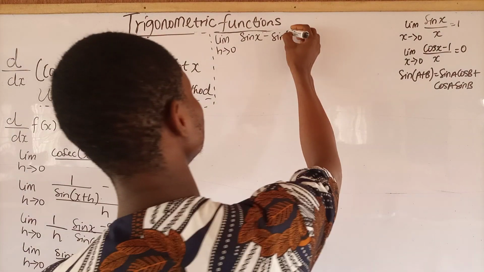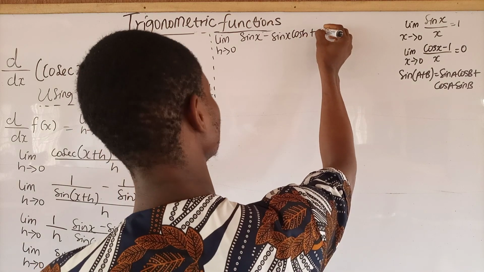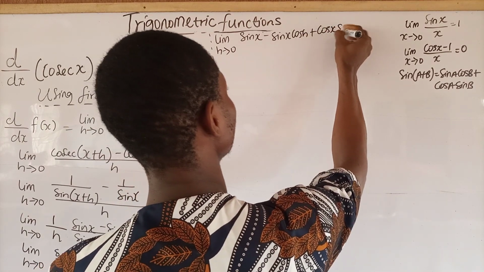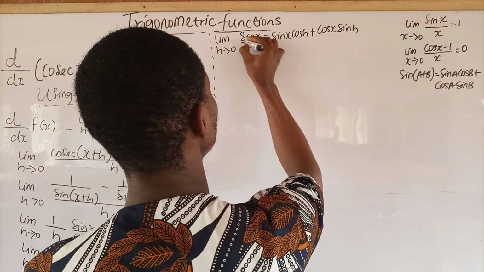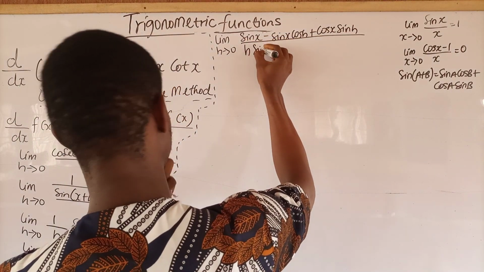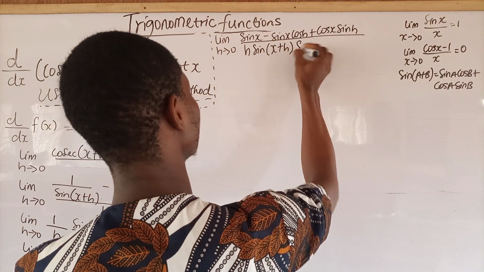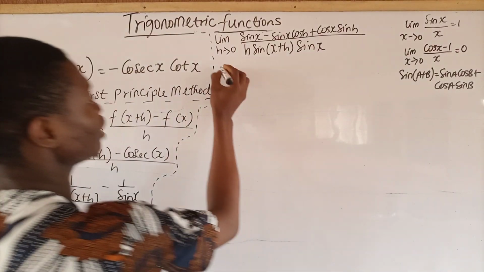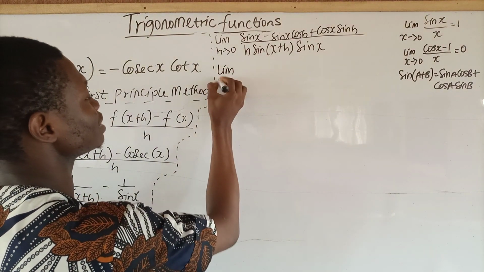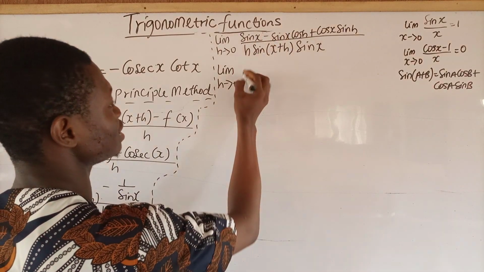Applying it here, it will be sine x cos h plus cos x sine h, all over h sine of x plus h sine x. So we are going to have the limit as h approaches 0.